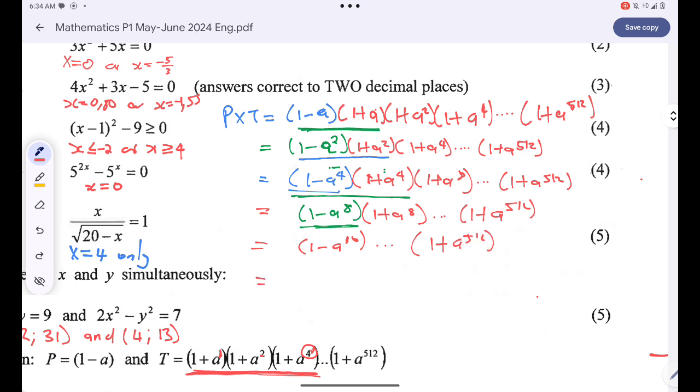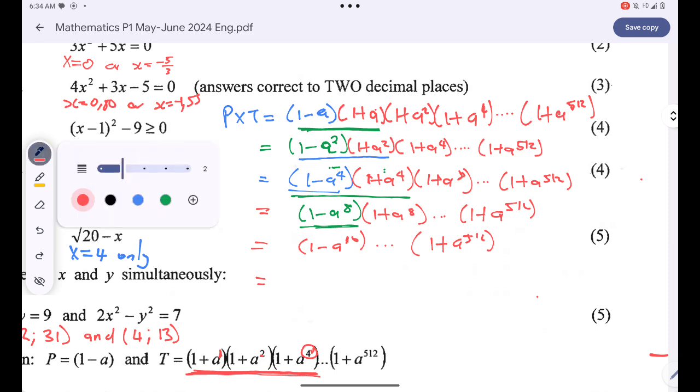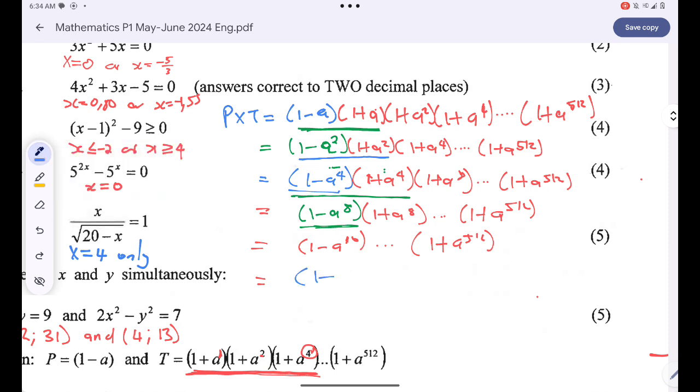Right? We can see that, guys, this thing will keep on going on and on and on until we have 1 minus a to the power 512 multiplied by the other bracket, 1 plus a to the power 512. And then this will end up giving us 1 minus a to the power 1024.